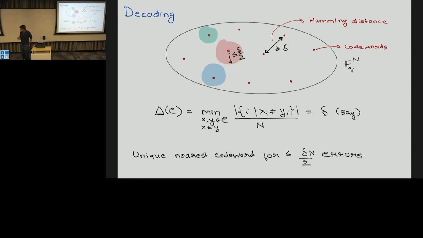If anybody corrupts one of these red points in delta over 2 fraction of positions, then I can still uniquely tell you which point we were talking about, because these delta over 2 balls around 2 points cannot intersect because of the triangle inequality. So I can always fix delta n over 2 errors, and this is an if and only if. So distance is basically, if I want to fix arbitrary errors, the same as talking about the distance of a code, or a point in space. Everybody okay so far?